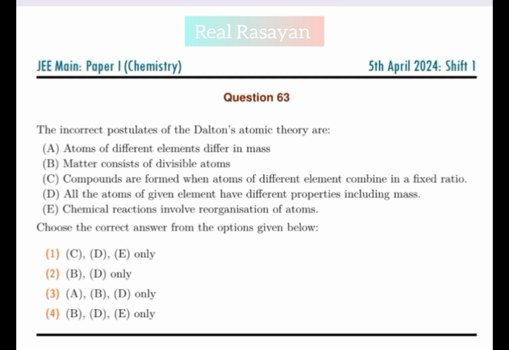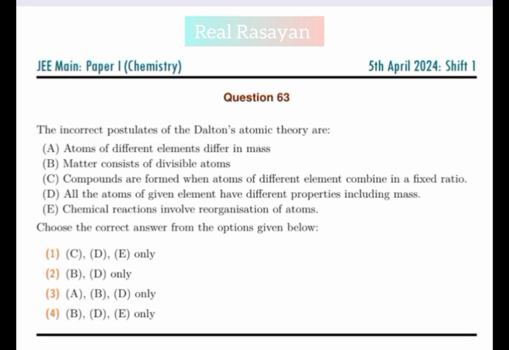Now the next question: the incorrect postulate of Dalton's atomic theory. The first statement is that atoms of different elements differ in mass. Let us check the correct or incorrect postulates in all the given statements.